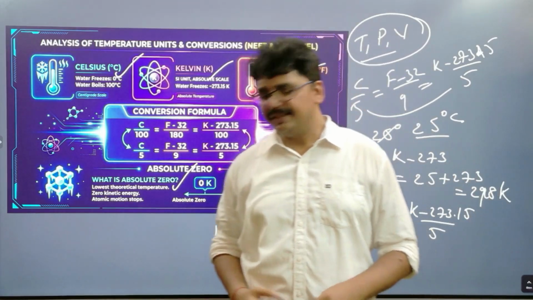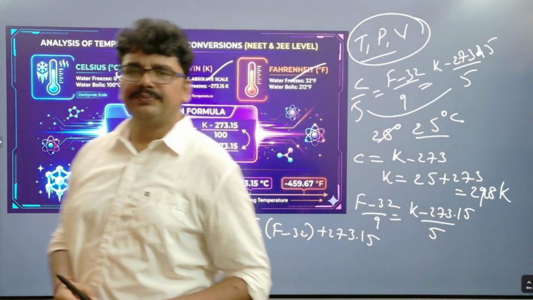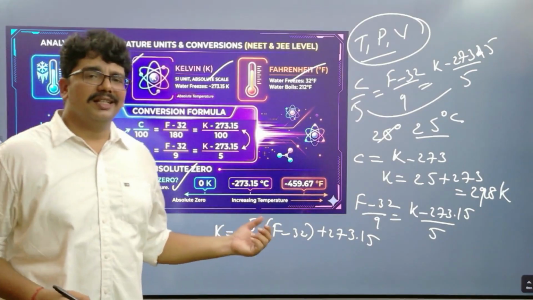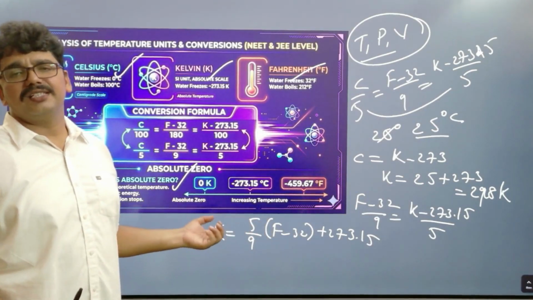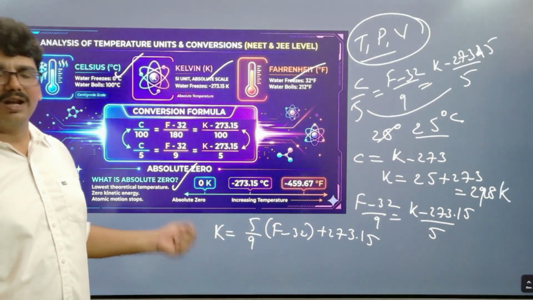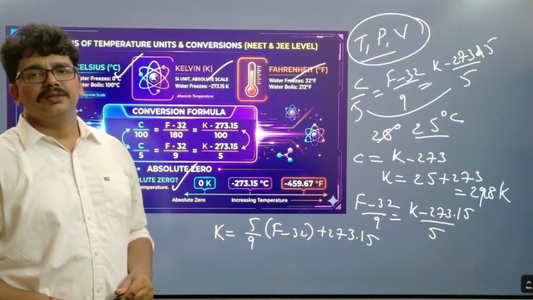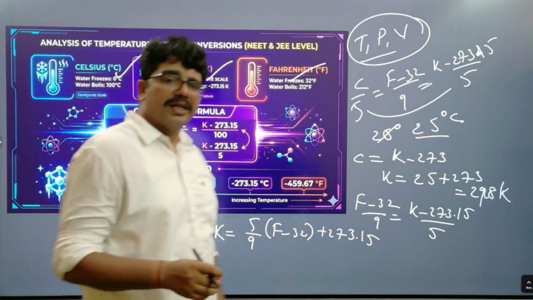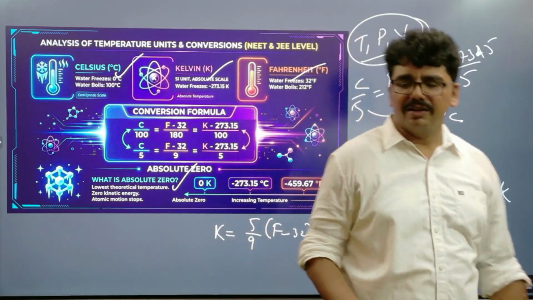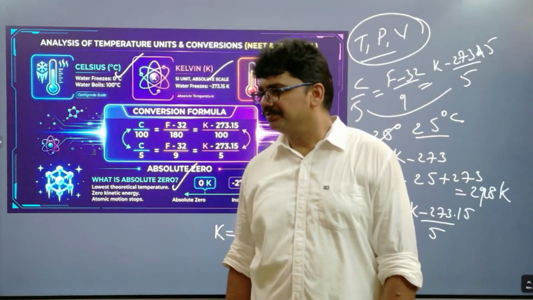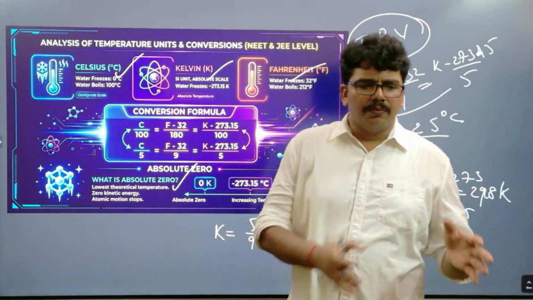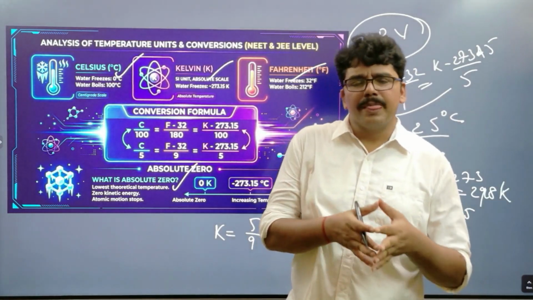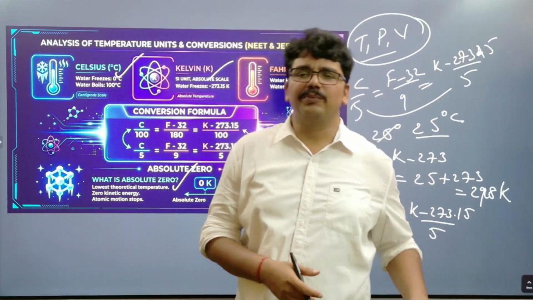That particular temperature is absolute zero. Absolute zero temperature is the lowest possible temperature, minus 273.15, which is taken as 0 kelvins. So minus 273.15 degrees Celsius is the lowest temperature.